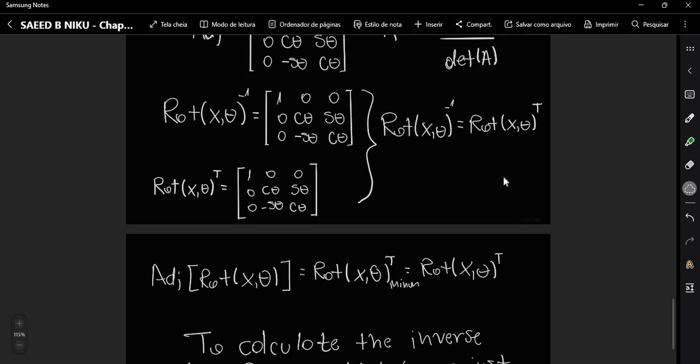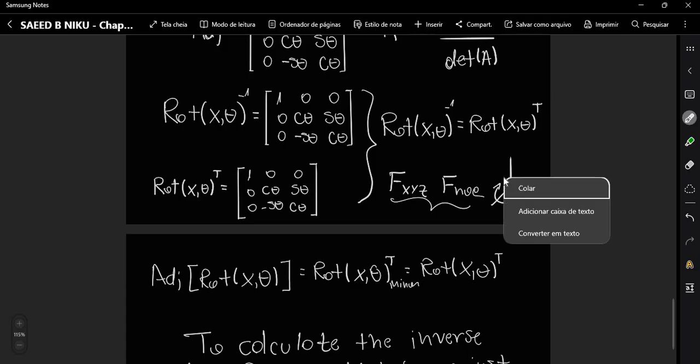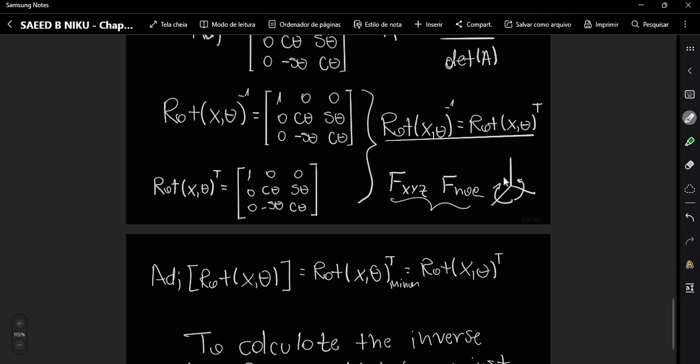I also said that we have rotation matrices from the reference system fxyz and from fnoa, and we can have a rotation matrix based on these two reference systems. So we can have a rotation matrix with the transformation occurring on both systems at the same time, and if this situation is happening, this concept is not applicable.